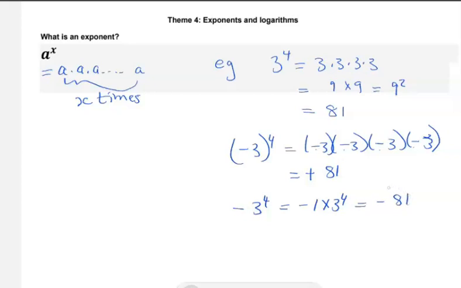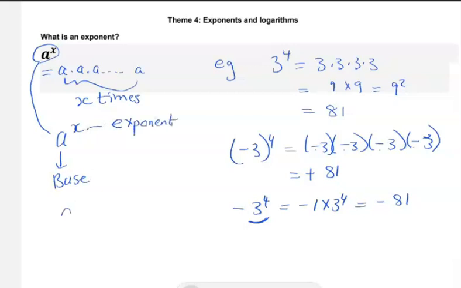So when we have an exponent, it only goes with the number directly in front of the exponent. So we need to define first, before we go further. If we look at a to the x, then the a we call the base, the x we call the exponent, and the whole a to the x we call the power.